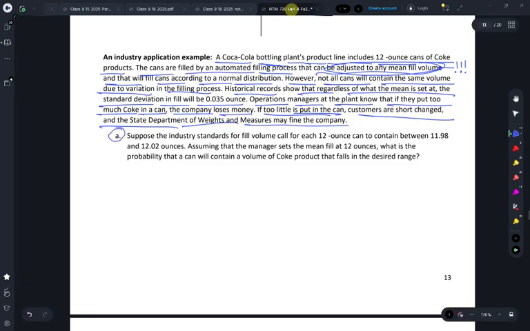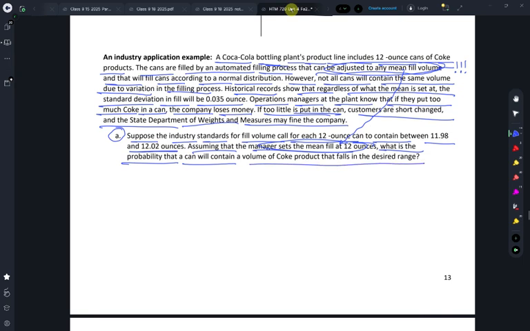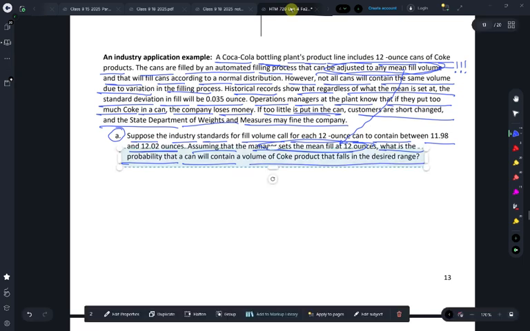So A. Suppose the industry standards for fill volume call for each 12-ounce can to contain between 11.98 and 12.02 ounces. Assuming that the manager sets the mean fill volume at 12 ounces for this part of the question, what is the probability that the can will contain a volume of Coke product that falls in the desired range?